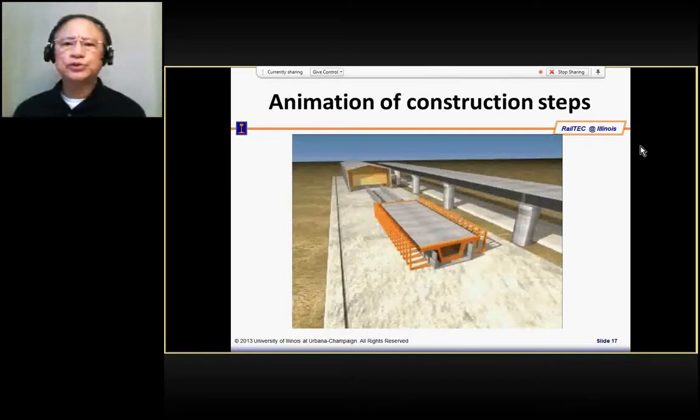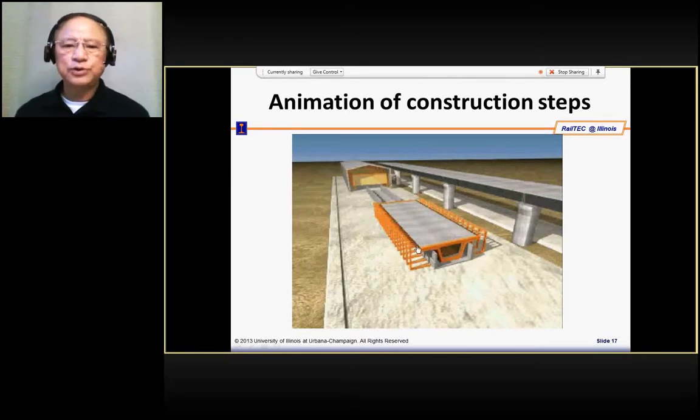Now I would like to use animation to show you how this is done after it is cast, and how it is brought up to the viaduct which was constructed on the side. This is the casting yard, and after the casting, in this animation, they move out the cast girder with the formwork still on it.